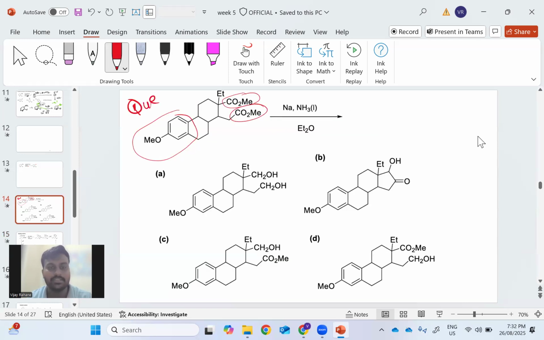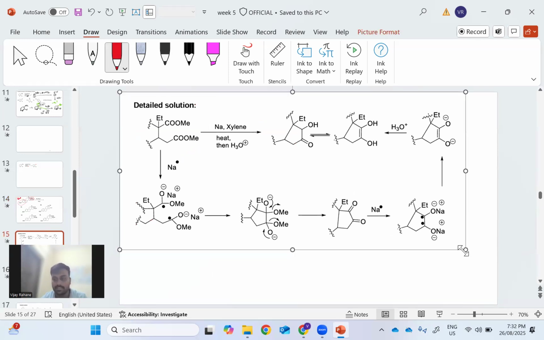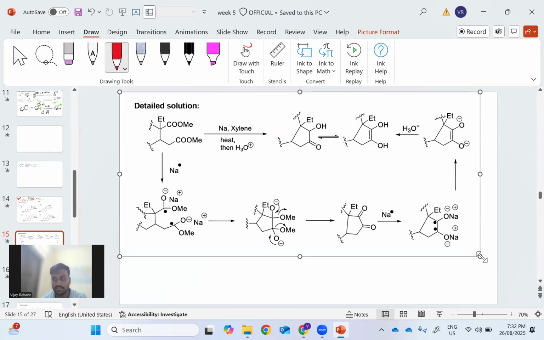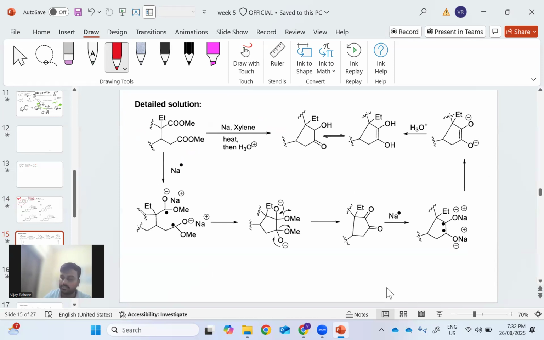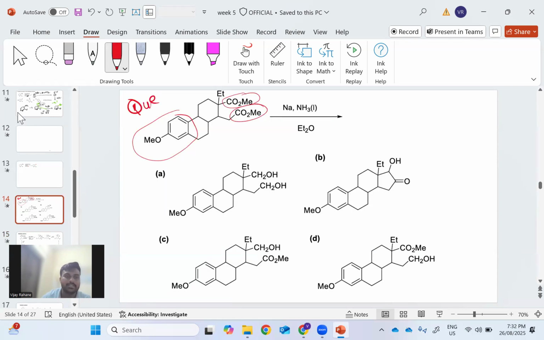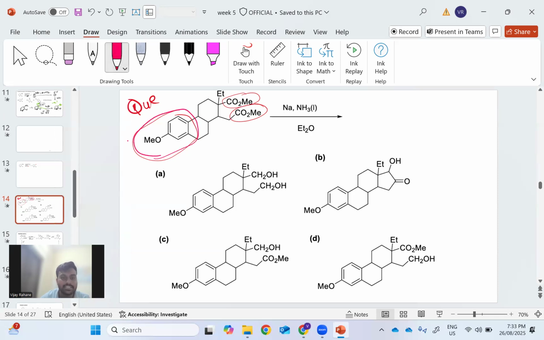So in this case, I will directly show the mechanism because it's slightly complicated. We have the part of center, but if you look at the electron deficiency, this aromatic ring is not that electron deficient because of this OMe group again.